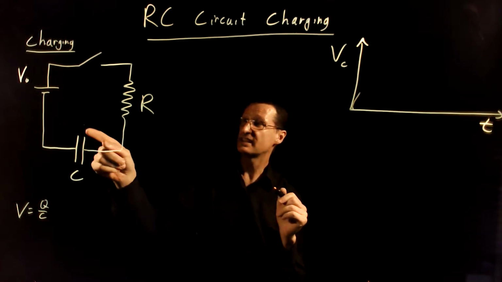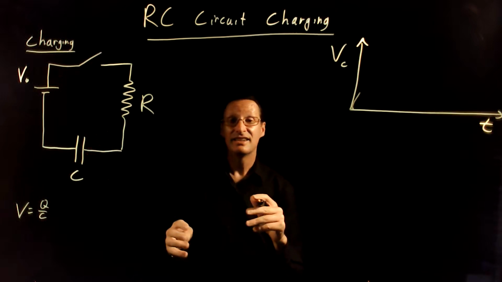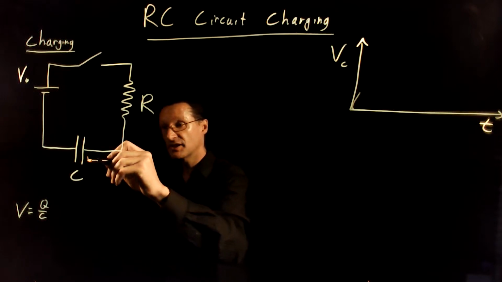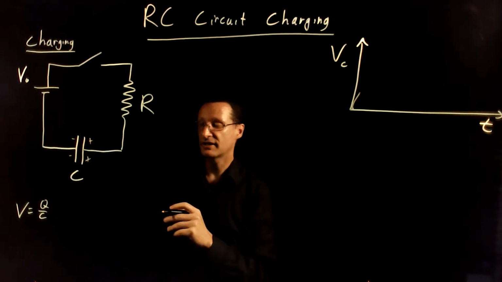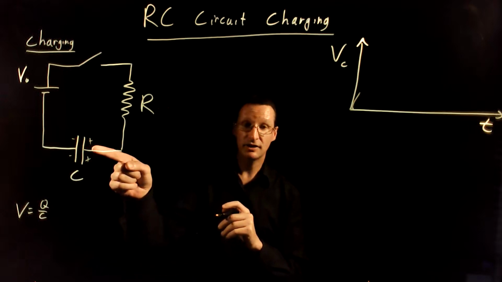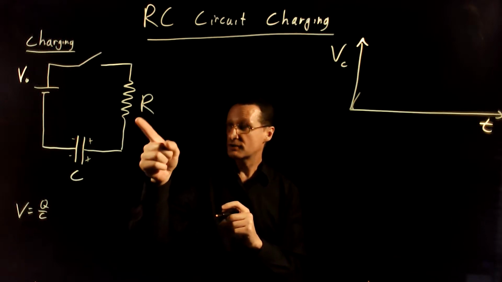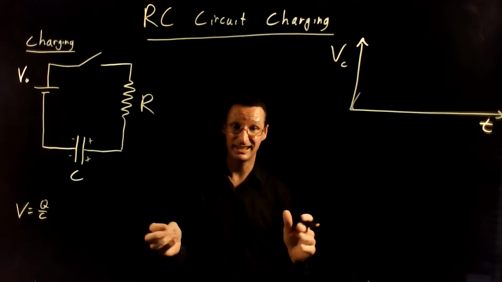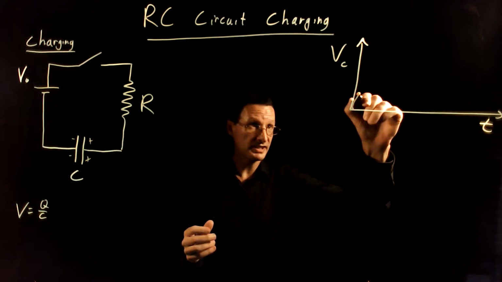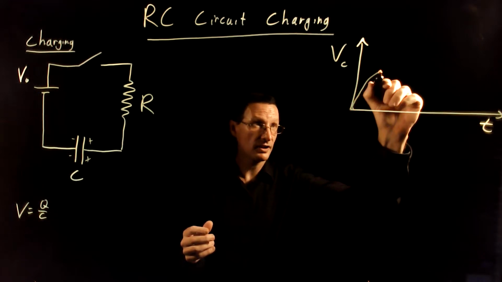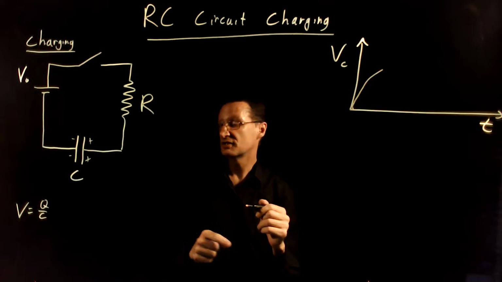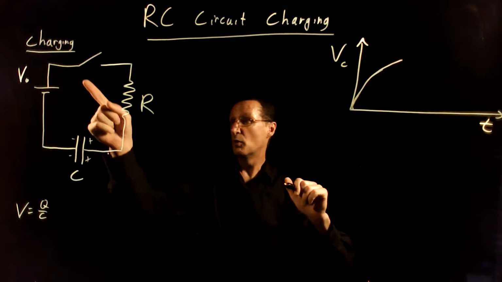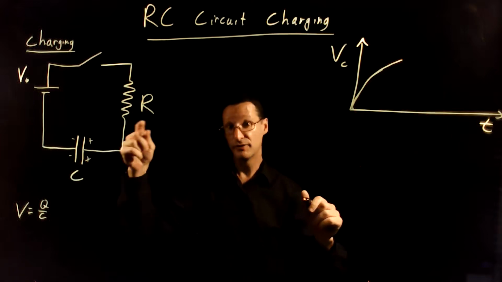Now what happens though is that as charge accumulates, the charge that you're putting on there is repelling. You're throwing positive charges on this plate and negative charges on the other side. As you cram more positive charges on this plate, it's harder to get new positive charges to want to go on that plate because the positive charges are all repelling each other, right? And so over time it gets harder and harder to get more charges crammed on there, and it takes more and more time to get an equal number of new charges to go on.